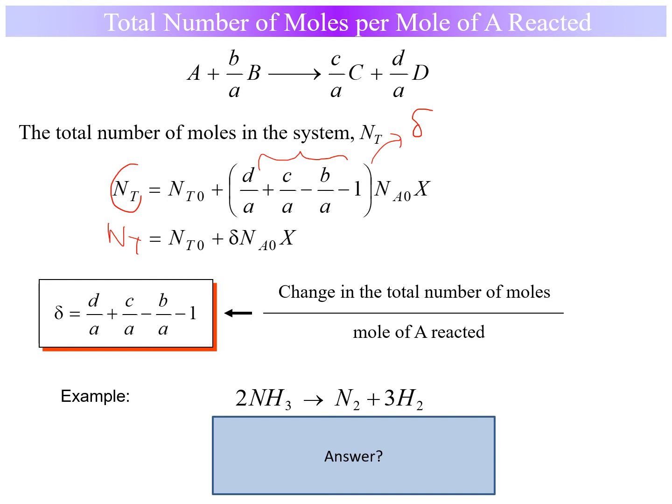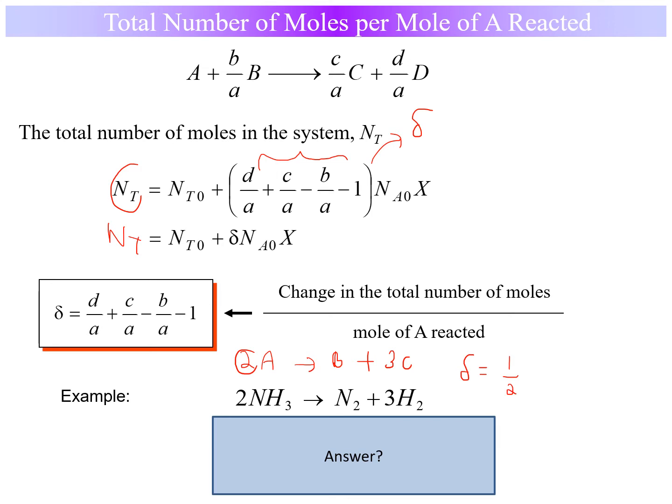So let's say we have 2A equals B plus 3C. What is the value of delta here? Delta should be equal to, we have B here, so we divide with this one, with A, which is 2. So we have 1 over 2.